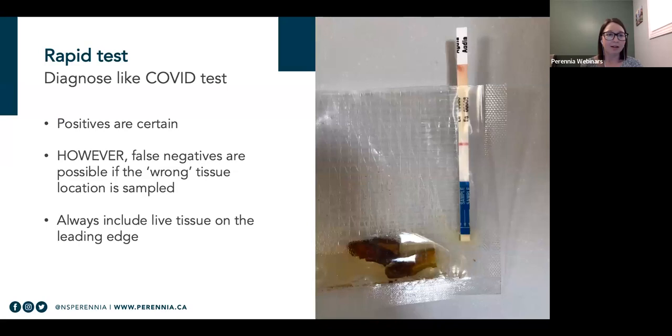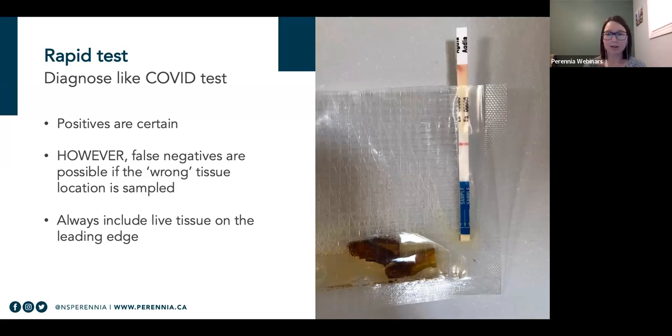There is the opportunity to test for fire blight. We do carry some of these tests at Perennia if you're interested. It's kind of like diagnosing yourself for COVID. Positives are certain, but you can get false negatives if you've sampled the wrong place in the tissue where the bacteria are not present.